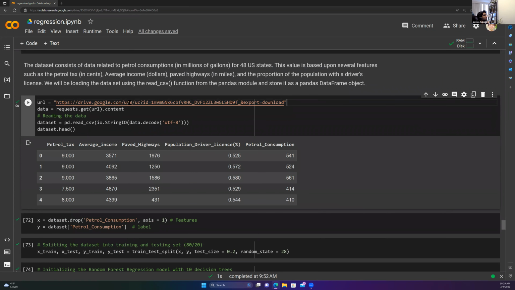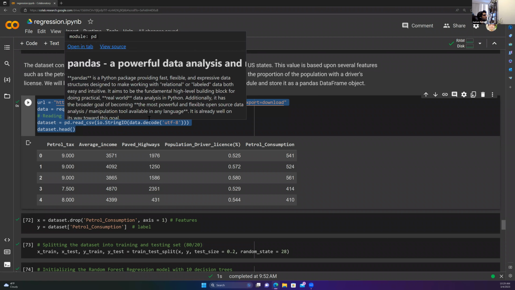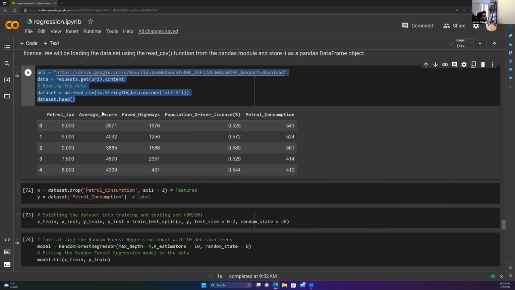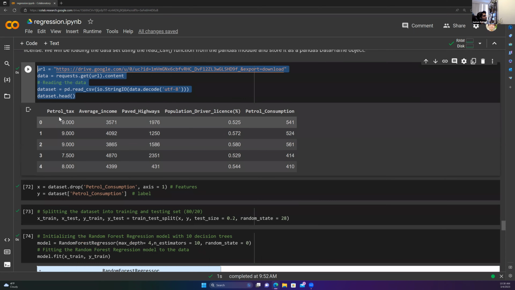You can easily download it using the requests library. If you're following the same Jupyter notebook and you run this, it should download the data set from Google Drive for you, so you don't need to do anything. If you look at this data set, you have petrol tax, average income, paved highways, population, and petrol consumption.